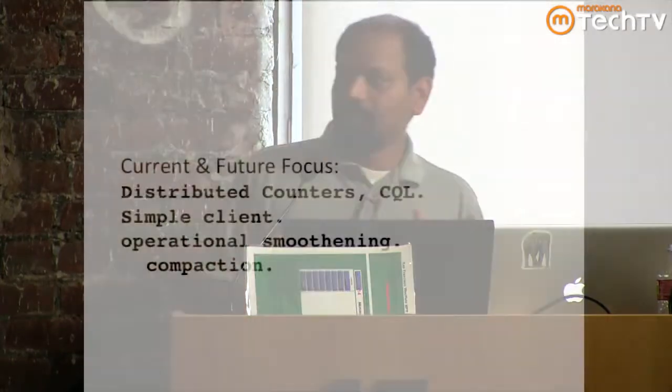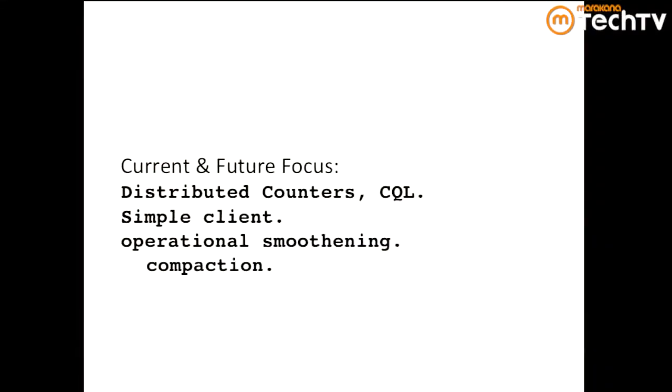The current focus around counters and CQL is trying to make it easy for people to get in. That's one of the biggest critiques of Cassandra, and somewhat valid so far: it's very hard to get into using it from an end application standpoint. A lot of gaps exist there and are being fixed, and we're trying to make a simple client so you can actually use it.